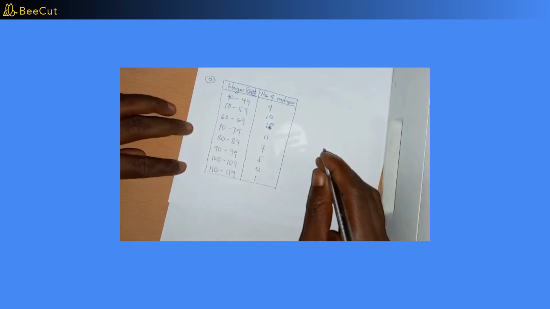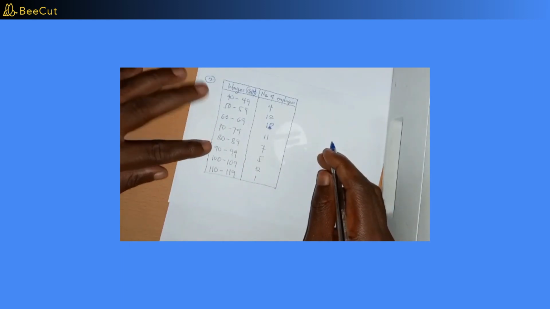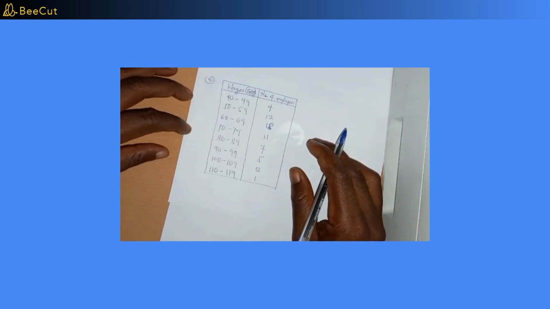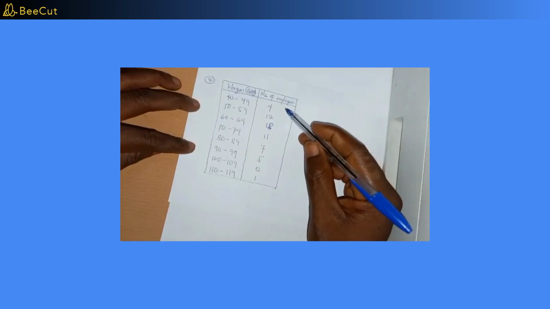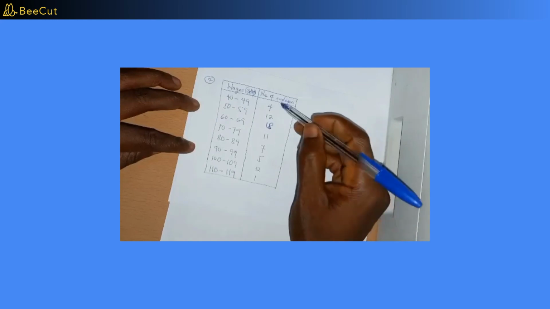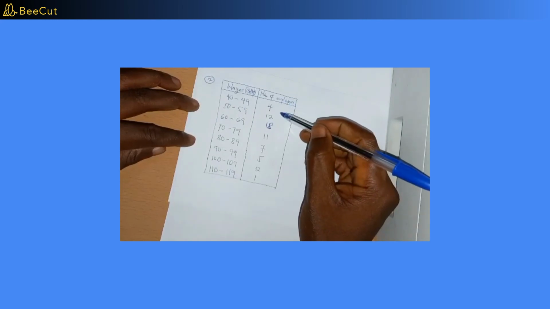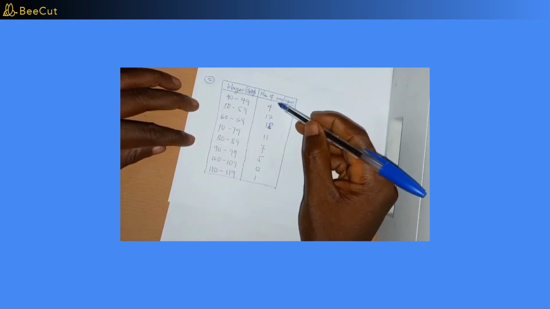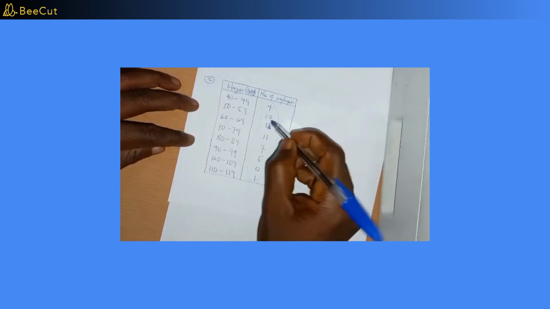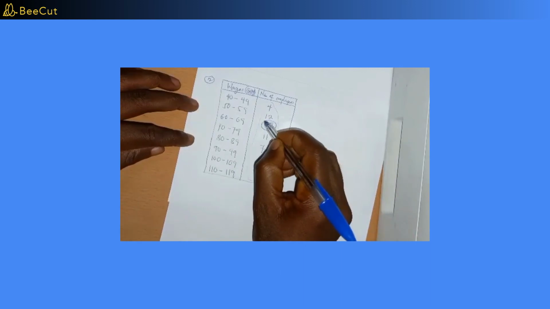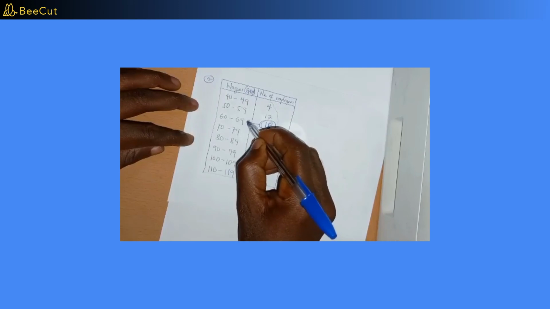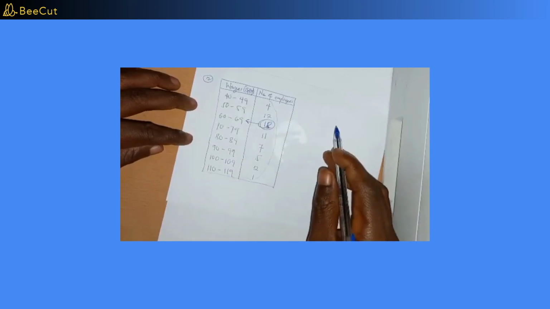If I'm to find the mode of this distribution, I am going to look at the frequency, which is the number of employees, and look for the highest frequency. The highest frequency here is 18, and it corresponds to the interval 60 to 69.